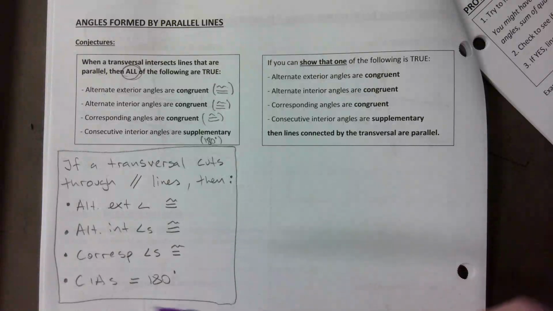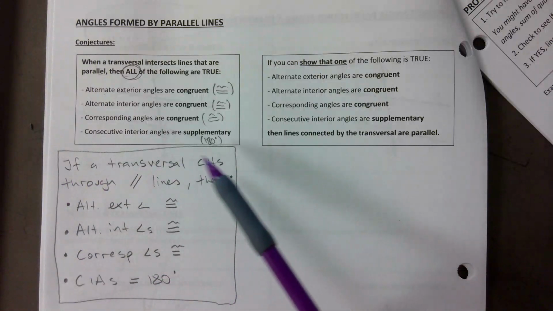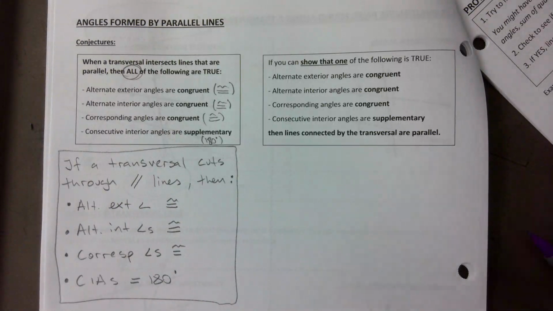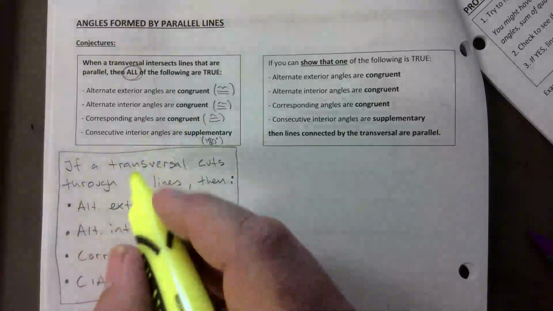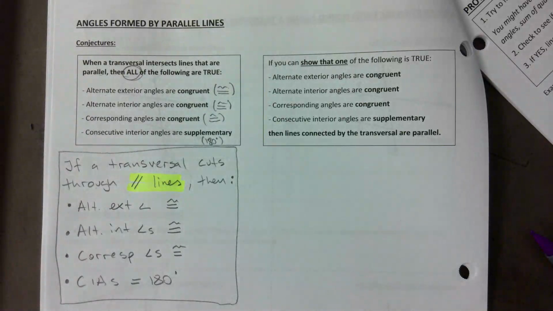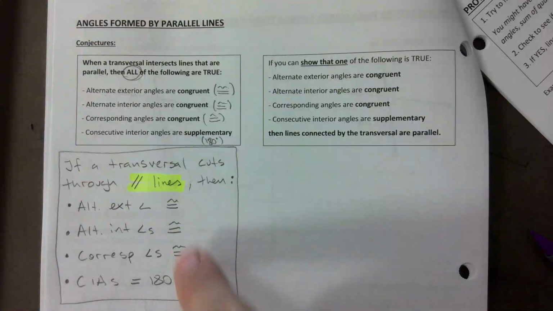What does it say? If a transversal cuts through parallel lines. Only when this is the case. If the transversal cuts through lines that are not parallel, we cannot make this statement. We cannot make that conclusion.